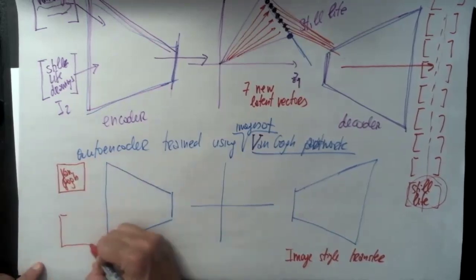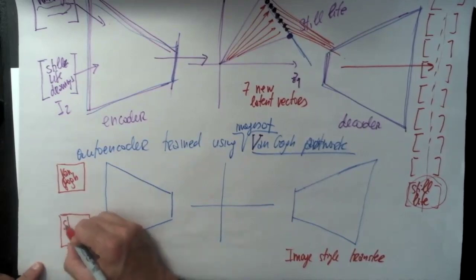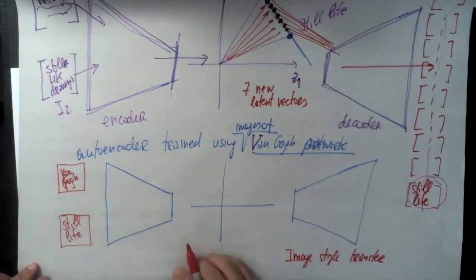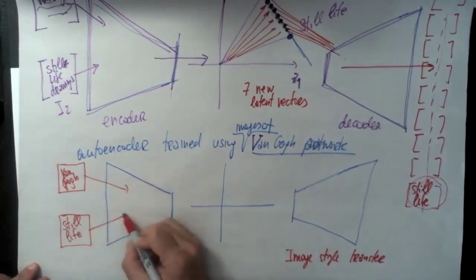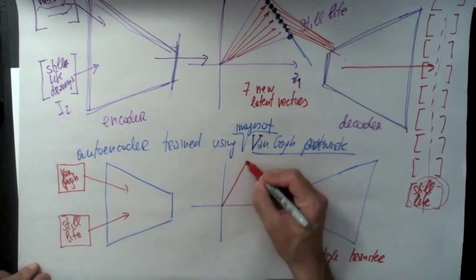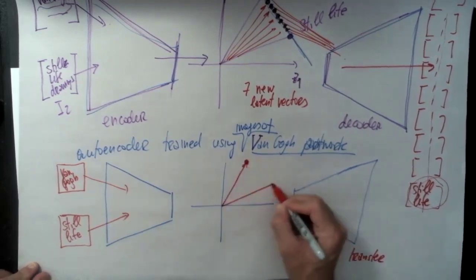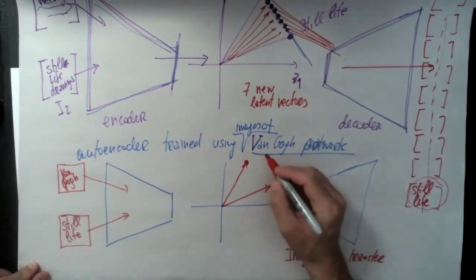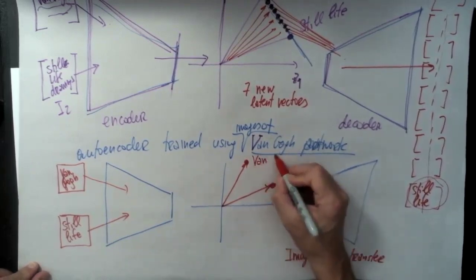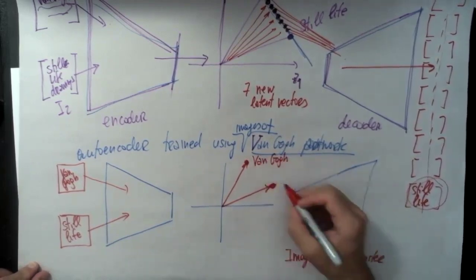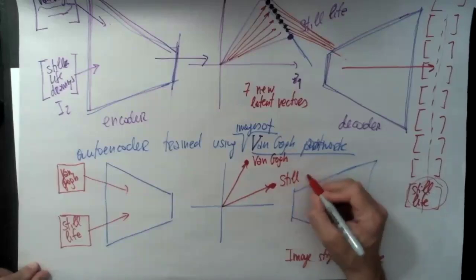And then here we have a charcoal drawing of a still life. So we pass it through the encoder. We're going to get again two latent vectors. So these basically correspond to Van Gogh, and this corresponds to the still life.